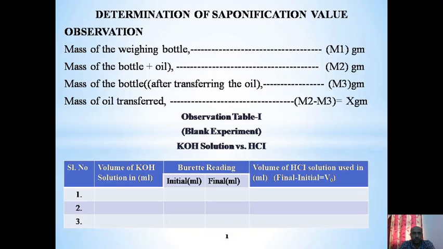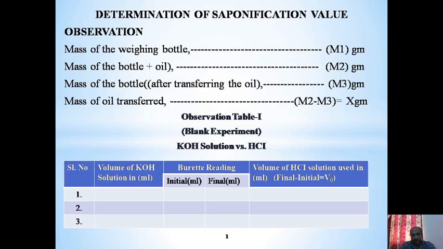So in the first observation, we have to calculate the mass of the weighing bottle, for example M1 gram. Then the mass of the bottle plus oil, suppose it is M2 gram, and the mass of the bottle after transferring the oil is M3 gram.